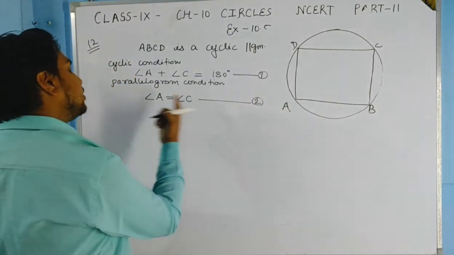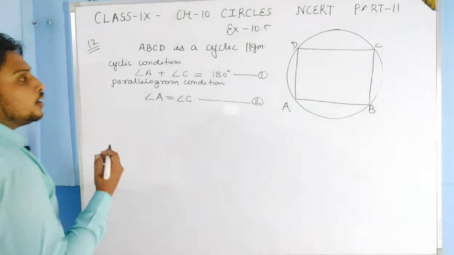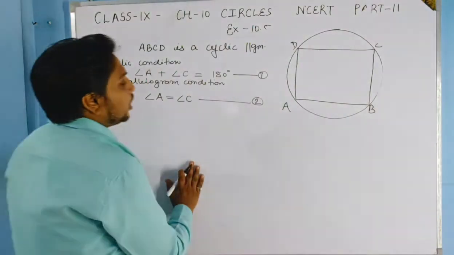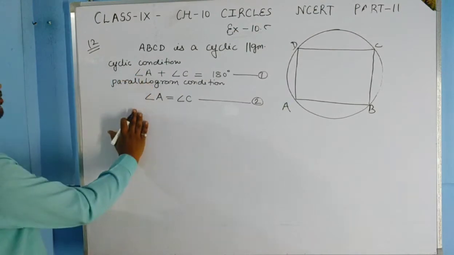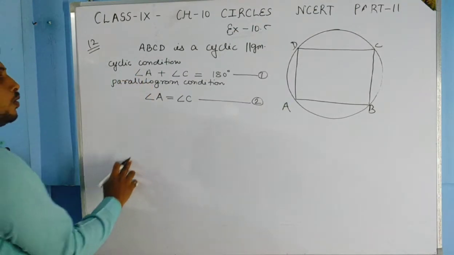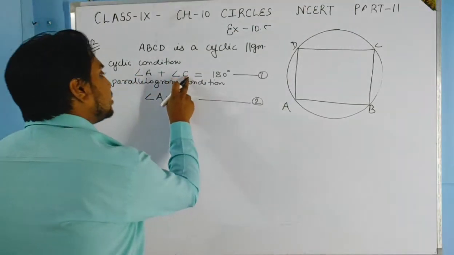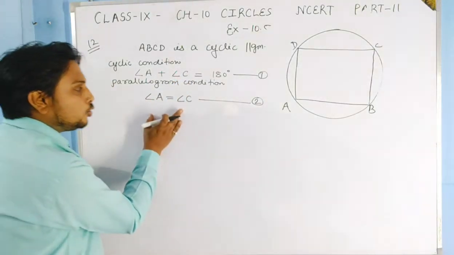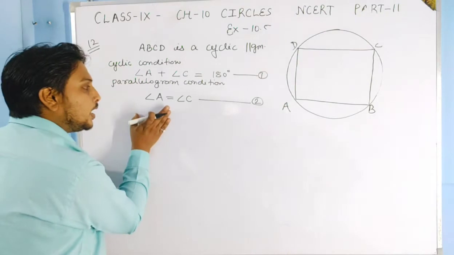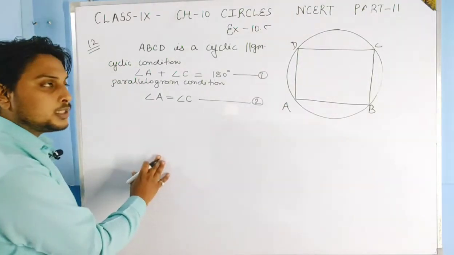Why? Because we know that in a parallelogram opposite angles are equal. So students, from equation number 1 and equation number 2, in place of angle C we can put angle A also, because in equation 2 it is clearly written that angle A is equal to angle C.